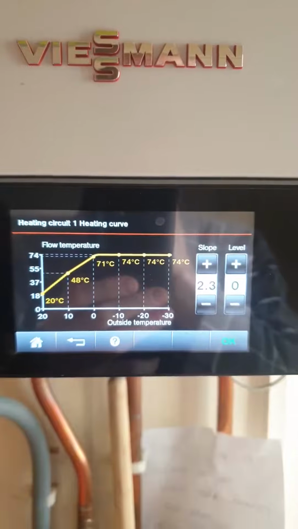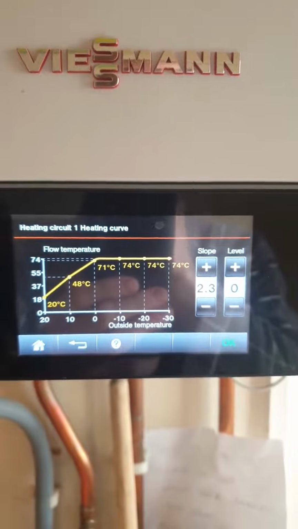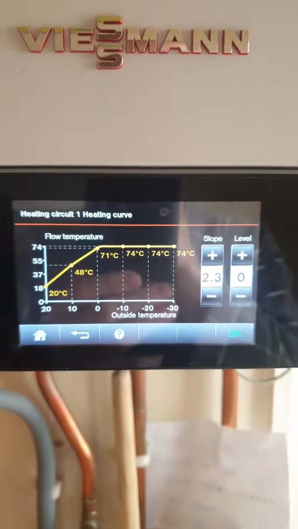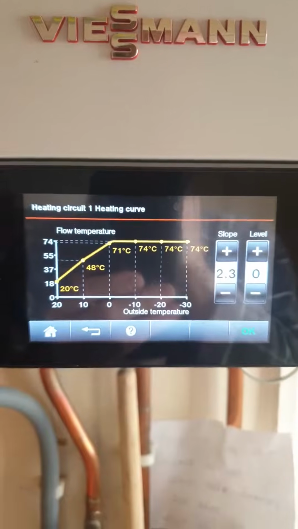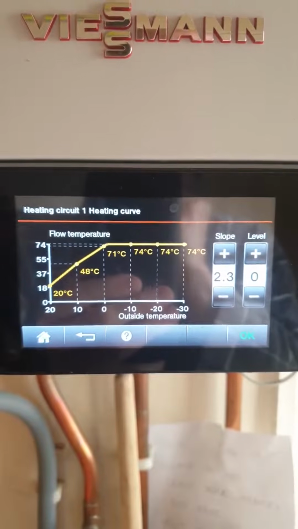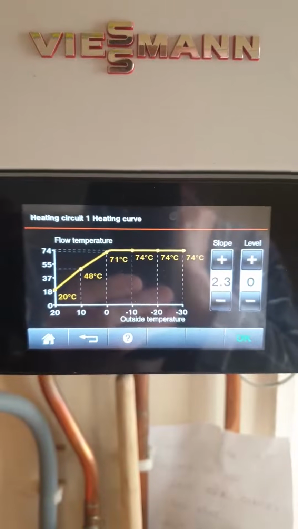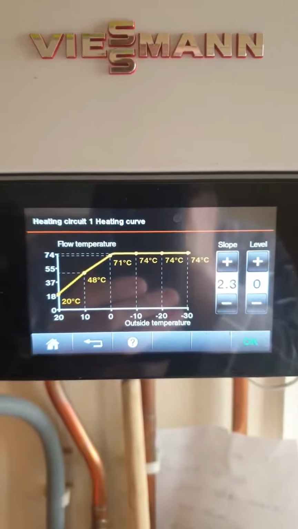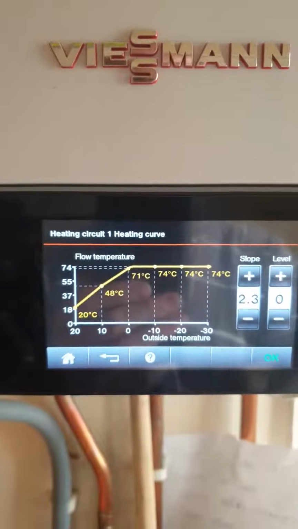Bearing in mind it was 11 degrees delta T on the design criteria back at that point. So I was selecting delta T50 on my catalogue, which would have given me a flow temperature of 75. So that would have been 75-65 design at that point.